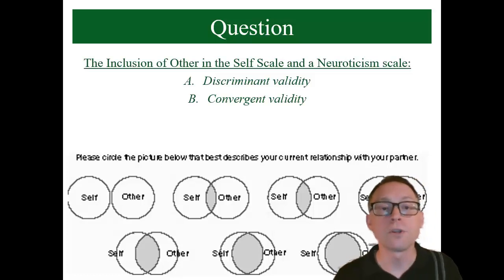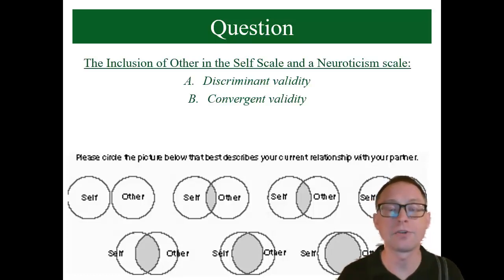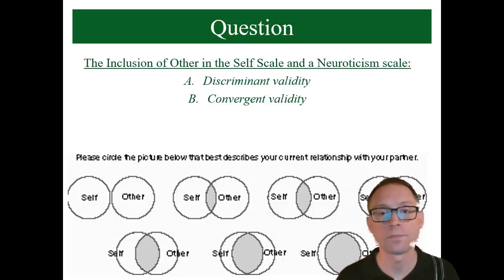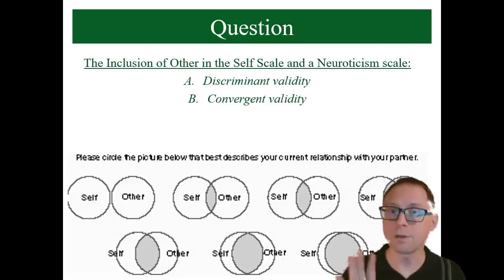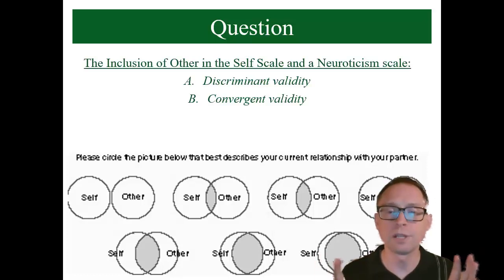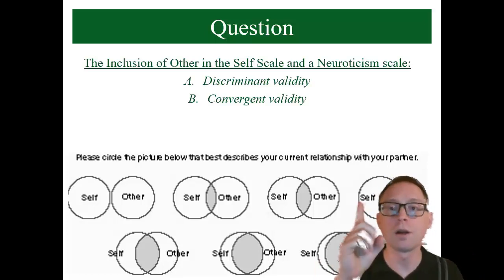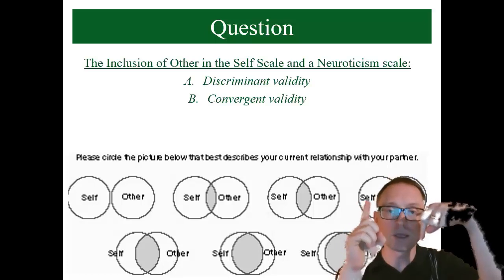What about the inclusion of the other in the self scale and a neuroticism scale? So the same people take the inclusion of the other in the self scale and a neuroticism scale. What would I be testing here? This depends on what our belief is. If we think that conceptually they have nothing to do with each other, neuroticism and closeness, then it would be discriminant validity. But I personally think that it would be convergent validity, because I think the closer you are, the less neurotic you would be.